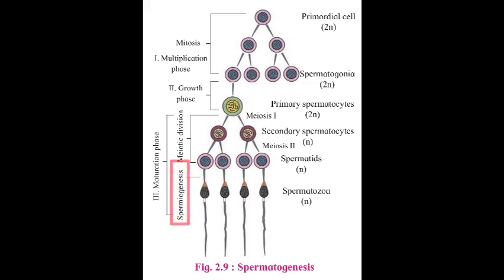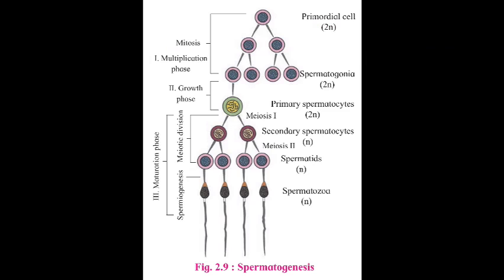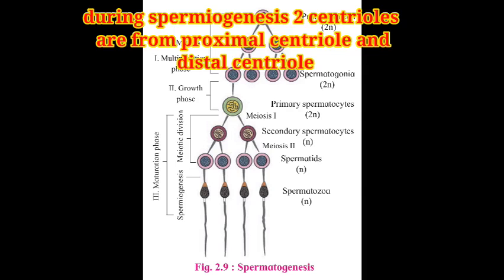from the spermatid. Spermatids remain attached to the Sertoli cell by cytoplasmic bridges. With the help of these cytoplasmic bridges, the spermatid takes food from the Sertoli cell and grows in size. During spermiogenesis, the length of the spermatid increases and two centrioles are formed.